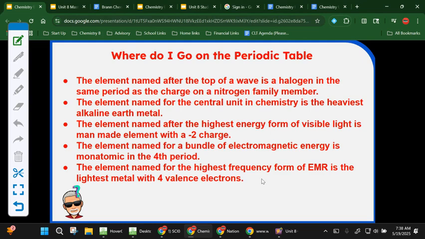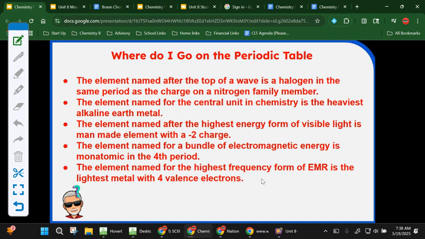Now, this is what the periodic table is going to look like. So it's groups 1 and 2, 13, 14, 15, 16, 17, and 18. Periods 1 through 7. So we're not including this part in here. Okay? So, now, the halogen family is one of these 7 groups.